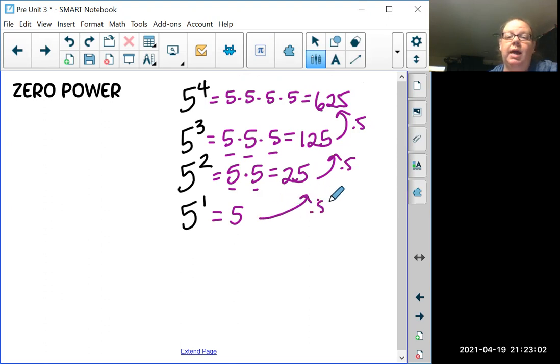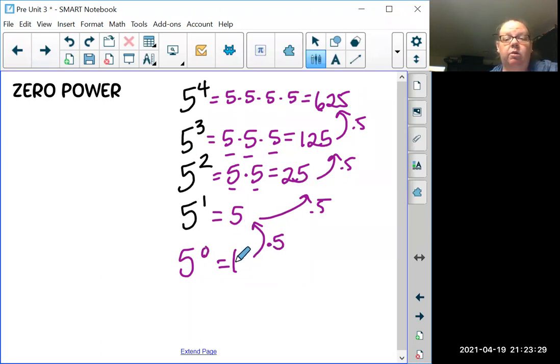Using that idea, if I have 5 to the 0, a lot of people think this is actually 0 because they see that 0. But that doesn't follow the pattern, because there is nothing I can multiply 0 by to get 5, which is the next part of the pattern. So 5 to the 0 must equal 1, because that's the only way I can start the pattern so that multiplying by 5 gets me to the next number.